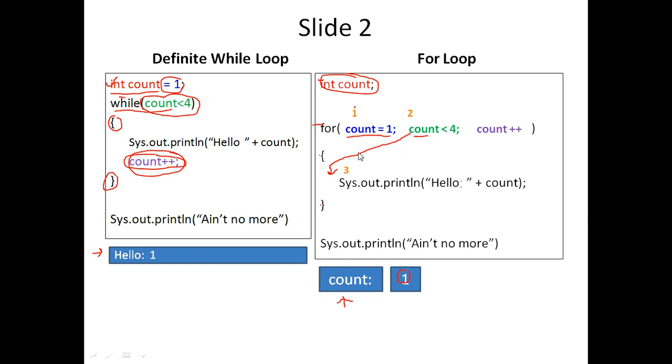Okay, then after it's done here, we're at the end of the loop, so to speak, or the closing brace. So now we're going to go back to the for statement. But this is now where we're going to hit the third argument. And so now the control variable will be altered. And so it's going to add 1 because of the plus 1. So now, down here, the 1 is going to become 2.